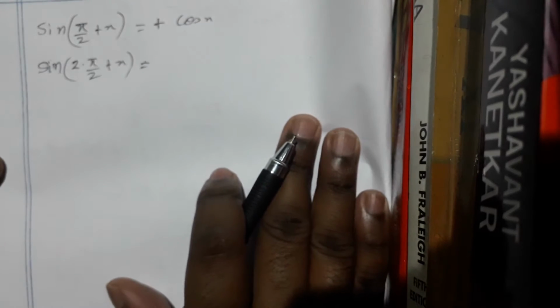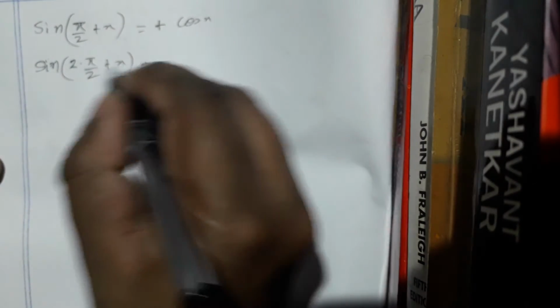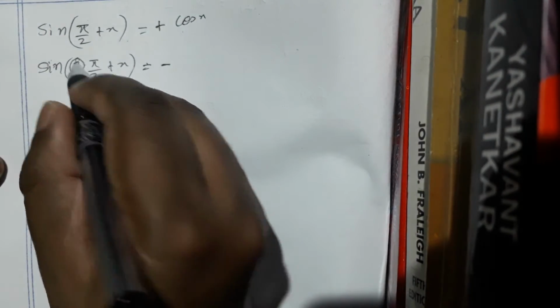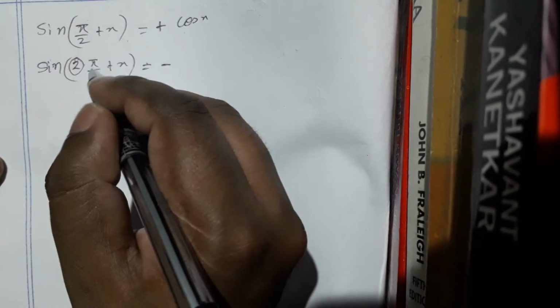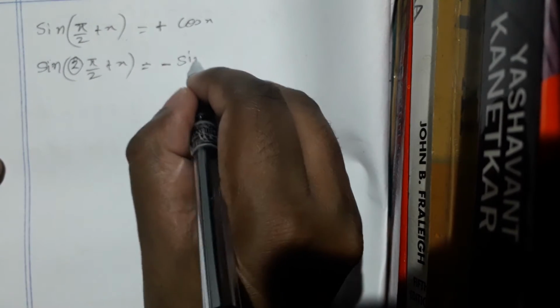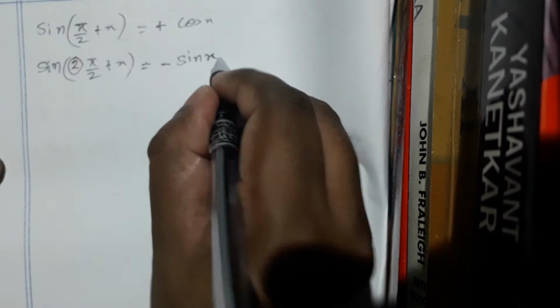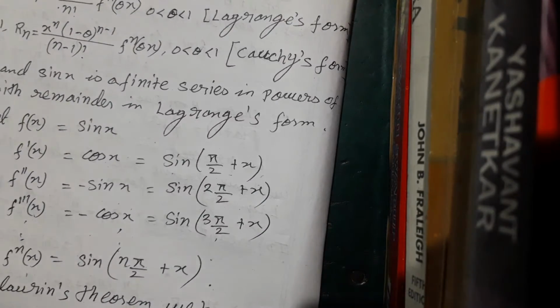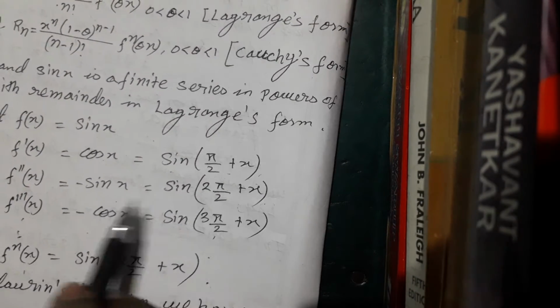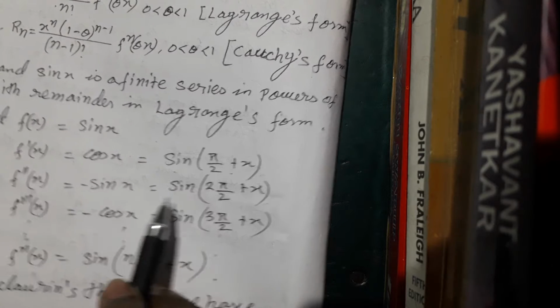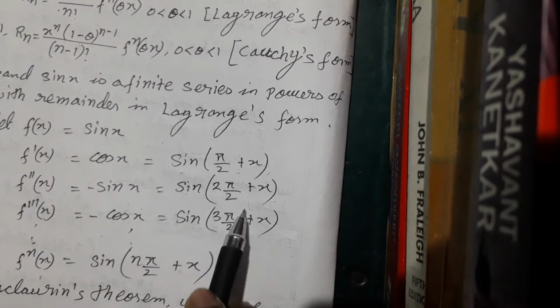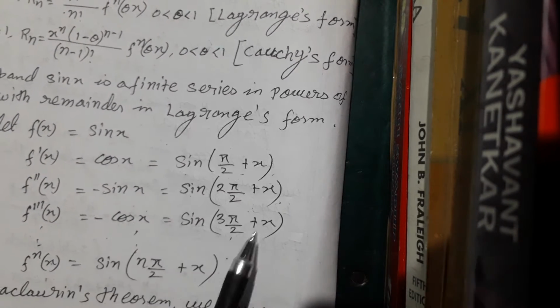In the third quadrant, sine is negative, so you get negative, and it is an even multiple of pi/2, so sine will not change, it will remain sine, so we have sin x. So minus sin x is equal to sin(2 into pi/2 + x). Similarly we can do this also.